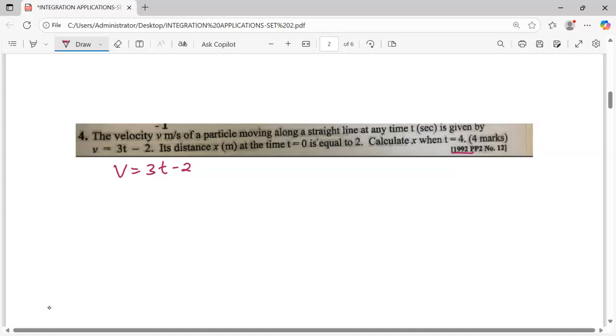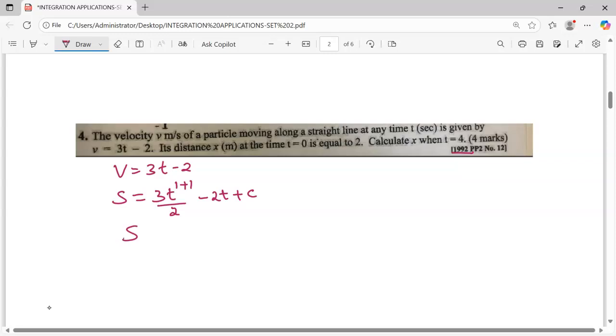The first thing we are going to do is to get the displacement function by integrating the given function for velocity. So we are going to have 3t, this is raised to power 1. We add 1 to the power, then we divide by the total new power, minus 2, we introduce t, then we add a constant of integration.